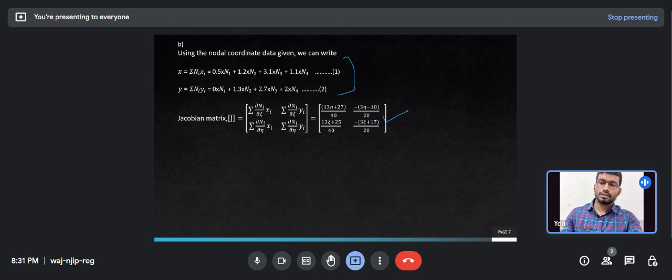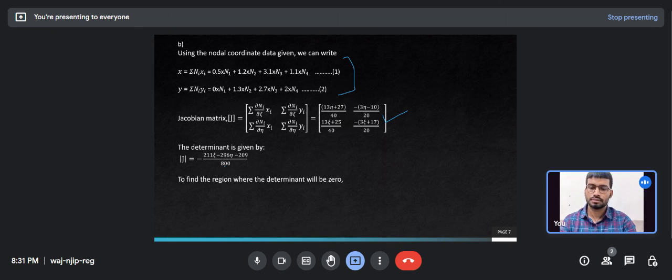And once we get the Jacobian matrix, we can easily find out the determinant of the Jacobian matrix. So this is 211 zeta minus 296 zeta minus 209 divided by 800. And to find out the region where this determinant of Jacobian matrix will be 0, we will set this value to 0, which will lead to this linear equation.